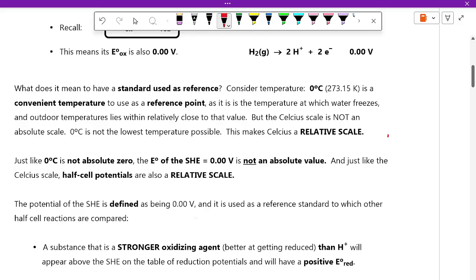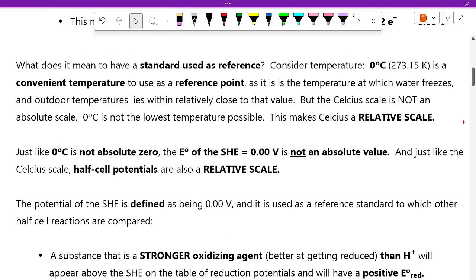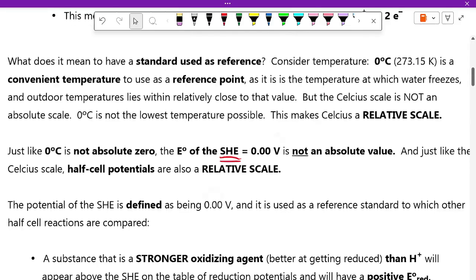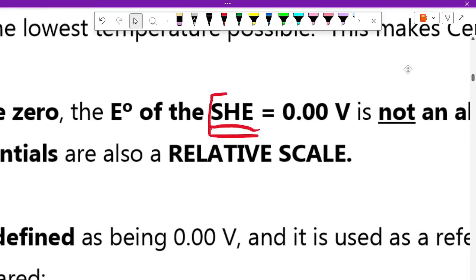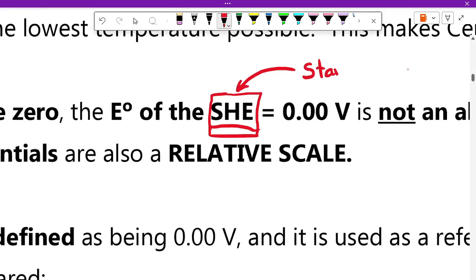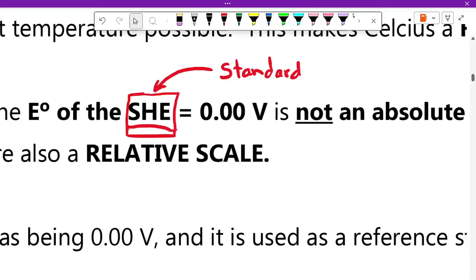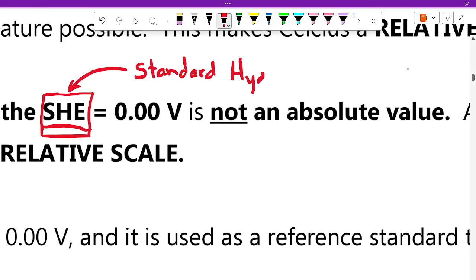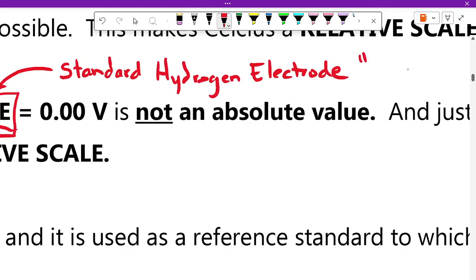So just like 0 Celsius is not absolute 0, the E naught of the standard hydrogen electrode, which we call the SHE, that just means the standard hydrogen electrode.